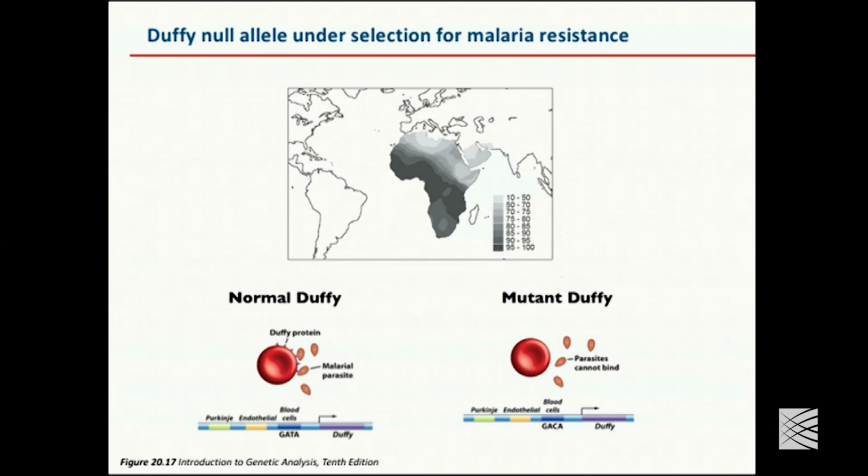There's a mutation that occurred in Africa that removes expression of Duffy and provides almost complete protection against vivax. And you can see from the map here where the Duffy null allele occurs. It occurs in Africa where there once was a lot of vivax malaria.